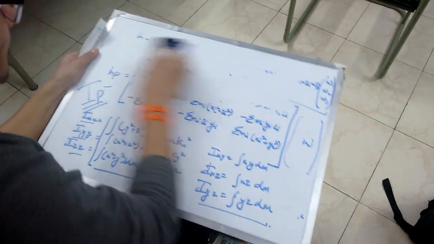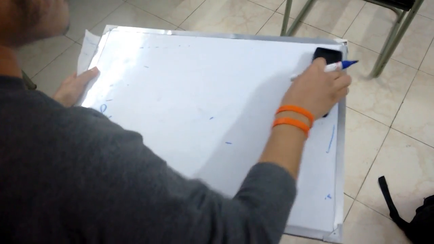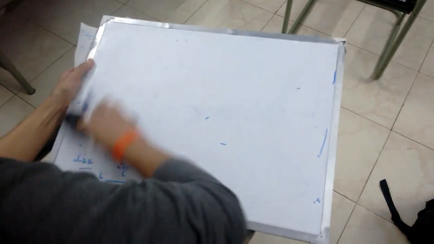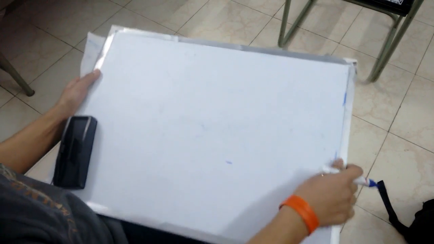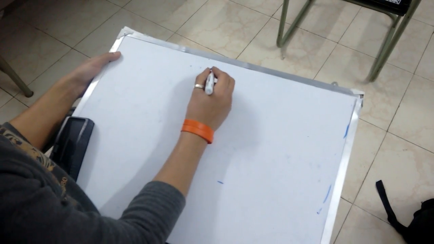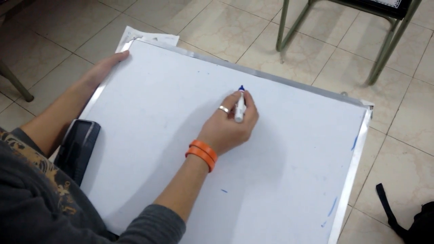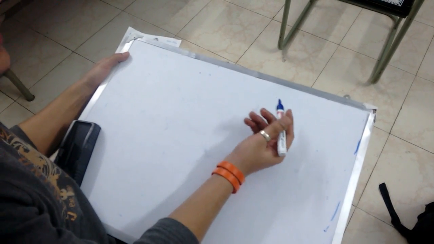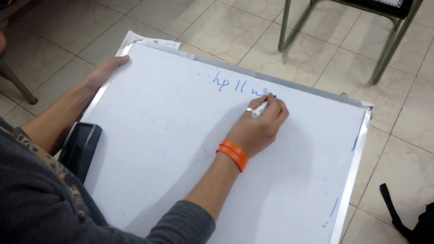Now we'll move on further. Let's say the direction of angular momentum and the angular velocity is the same, that is, angular momentum is parallel to angular velocity.